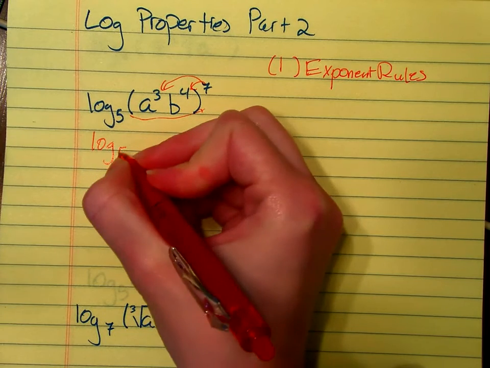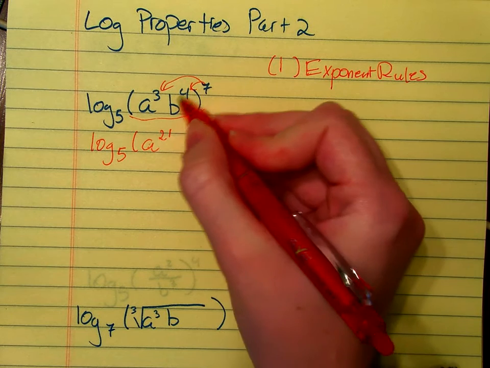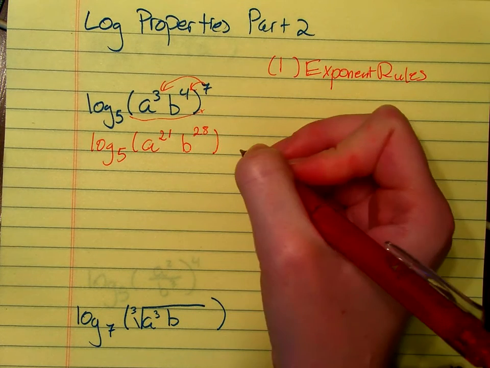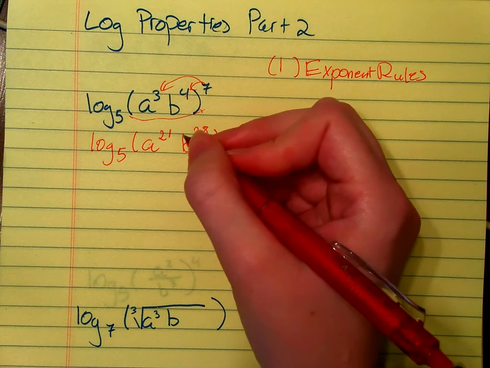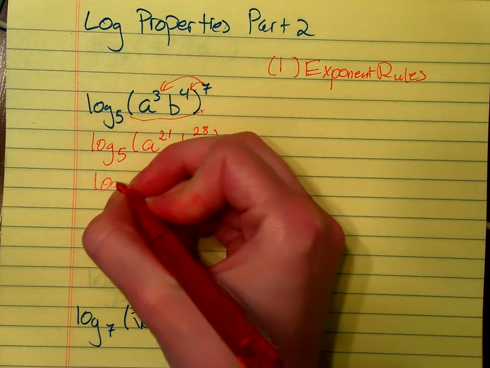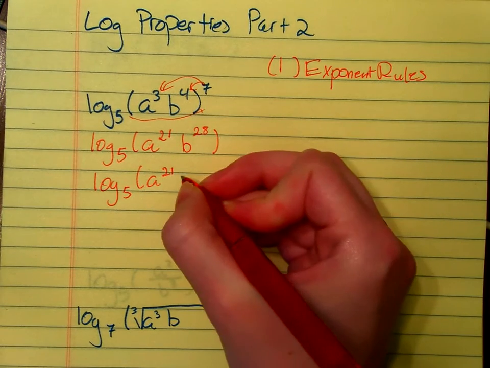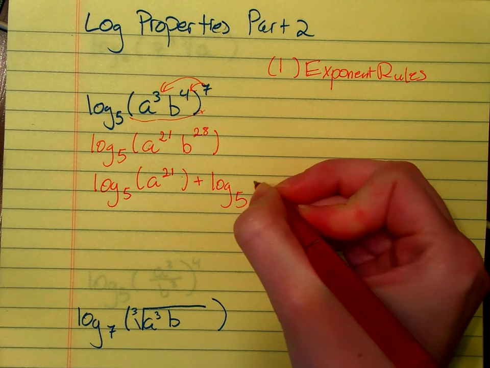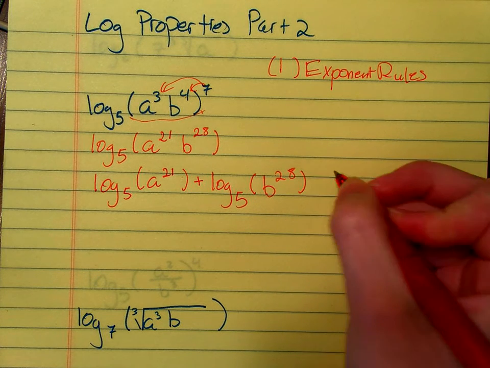That means I have how many a's total? I have 21 a's. I have b to the fourth 7 times. That means I have 28 b's. Now from here, this is the multiplication rule. So I can expand this out by changing this multiplication to addition: log base 5 of a to the 21st plus log base 5 of b to the 28th.